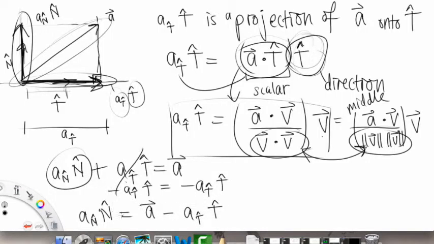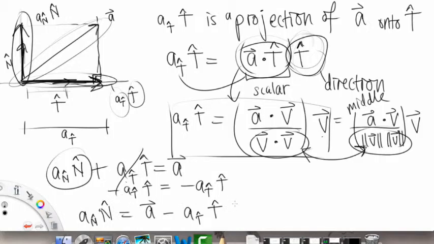Here it's more or less not a process of elimination, but we're just going to move things around once we find out more information about the tangential component, and then use that information to solve for the normal components.